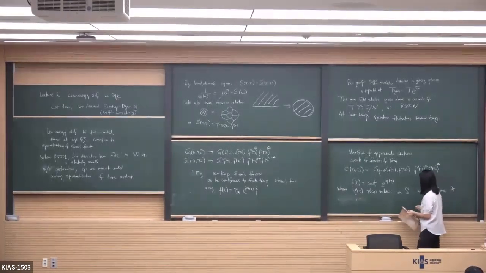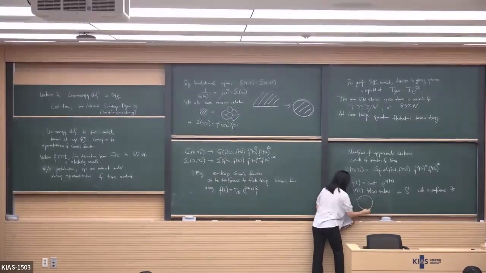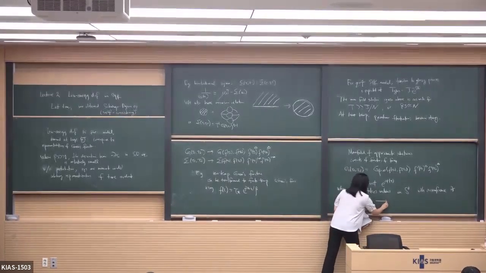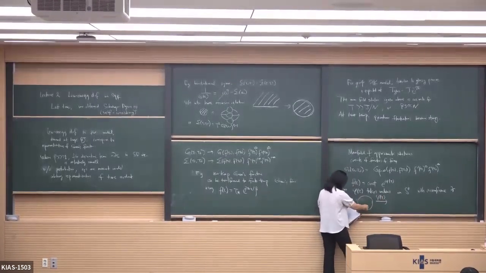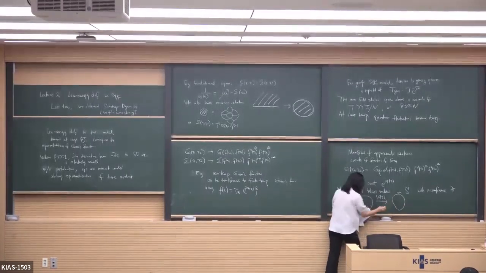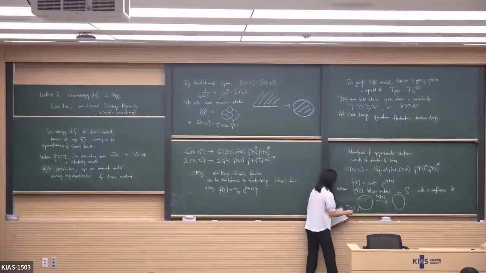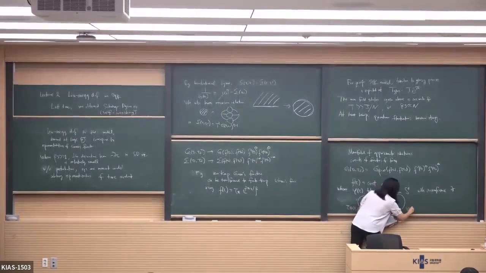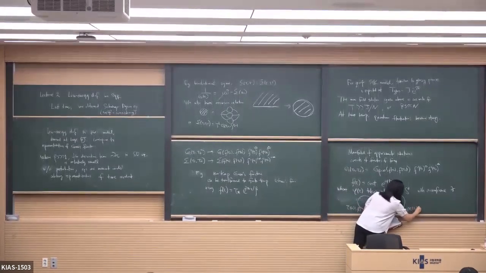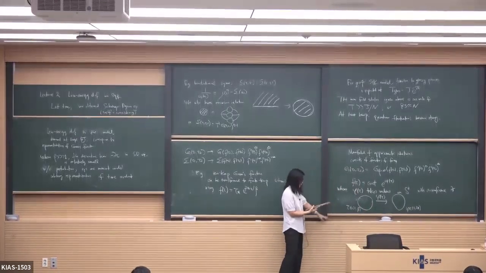So phi of tau you should think of as a map of the circle to itself. The original circle has circumference beta. The target circle has circumference 2 pi.